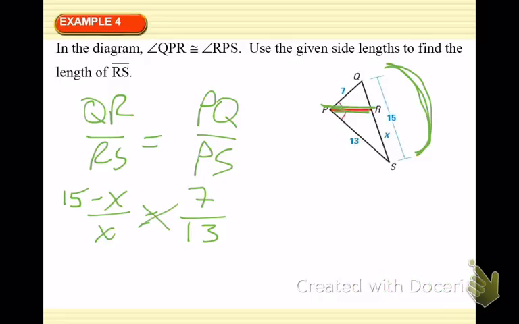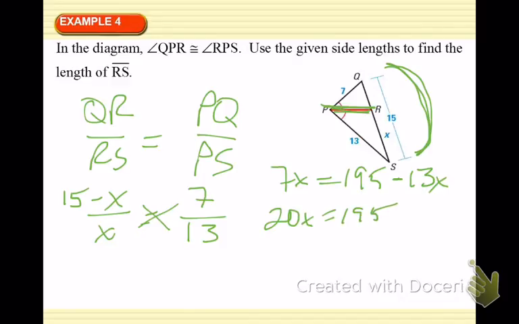Now we're going to cross multiply. We get 7x equals, make sure you distribute that 13, right? So 13 times 15 being 195 minus 13x, right? So add 13x to both sides, you get 20x equals 195.